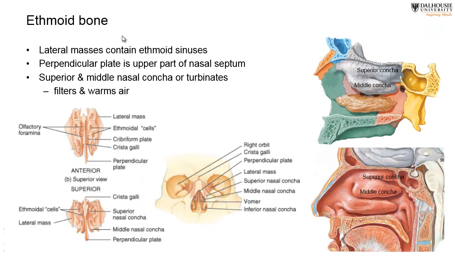You can see them here. Paranasal sinuses on either side. This is the nasal septum, which is formed partly by the ethmoid, partly by the other bone, which is called vomer, and then by cartilage. Here's the superior concha and the middle concha, like shelves on the lateral side of the nose.